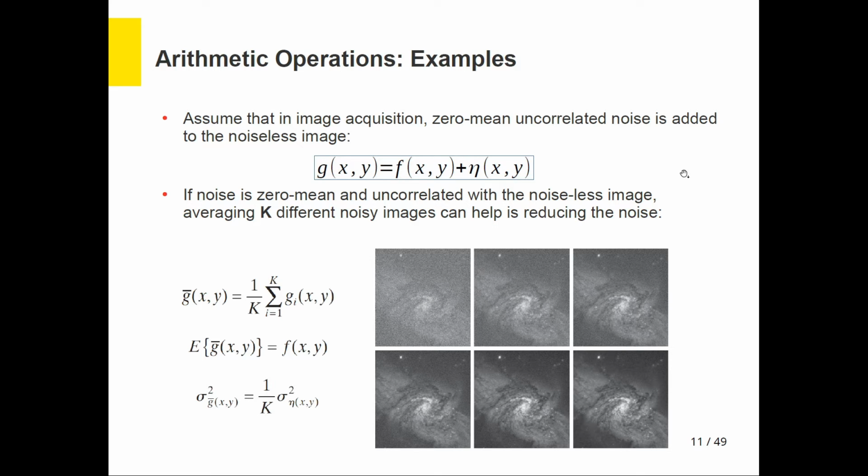So if we have enough samples, the positive values of the noise and the negative values of the noise gradually reduce the effect of each other and tend to go to zero. If that happens, the variance of the noise in the average image is much smaller than the variance of the noise in the noisy image.